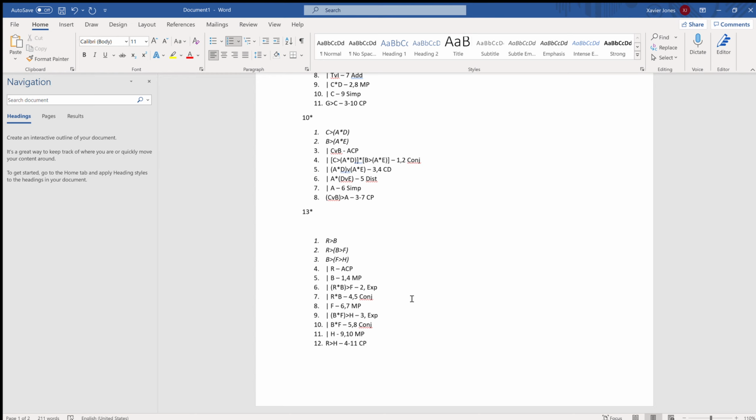So they proved, oh, if B then F. Then they proved F. Then they proved H. F and H. H. Oh, that makes a lot more sense. The way the textbook did it resulted in 2 fewer steps.